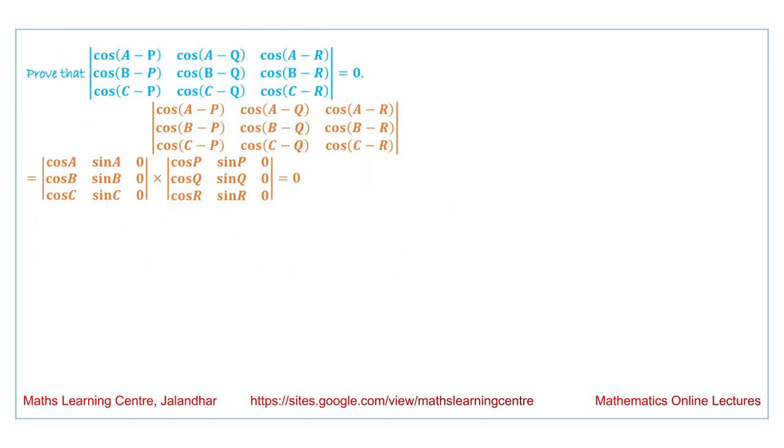Now the next question: we have to prove that this determinant with cos of a minus p, cos of a minus q, cos of a minus r is equal to 0. So we write the formula here.